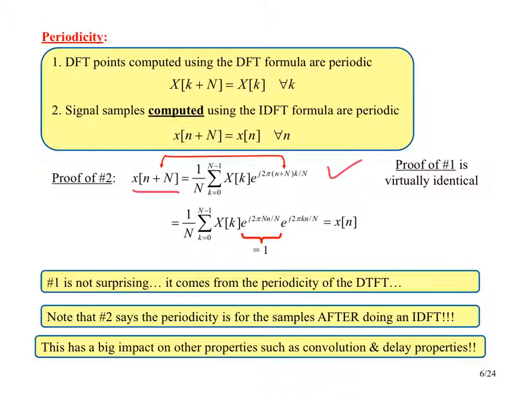I start off with a regular DFT, inverse DFT result, and if I had just an n here, I would have just an n here. But because I have n plus capital N, I will have n plus capital N there. So this is just replacing little n by n plus capital N. We know that this is true; we've just made a substitution.